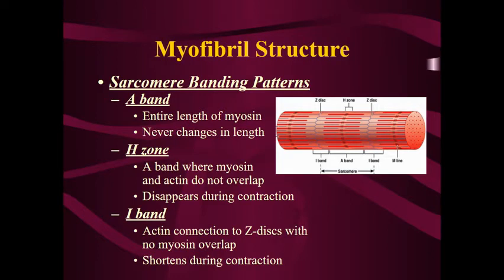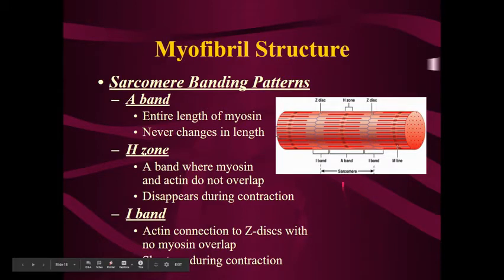The H zone is the part of the A band where the myosin and actin do not overlap. This disappears during contraction because the actin and the myosin end up overlapping. And finally, the I band is the actin connection to the Z lines where there's no myosin overlap. That too will shorten during contraction.